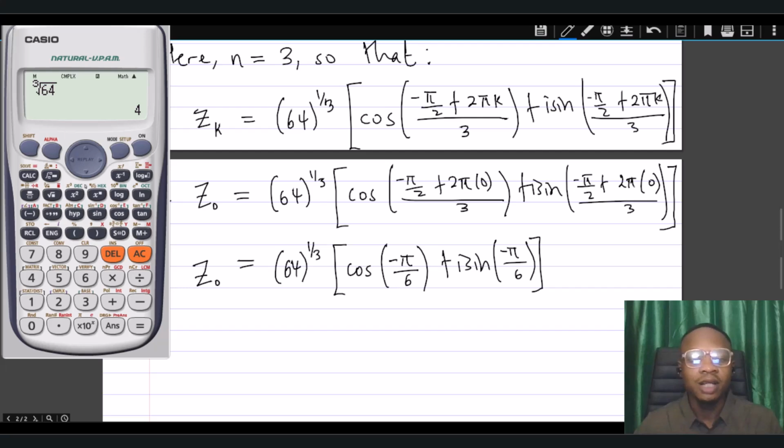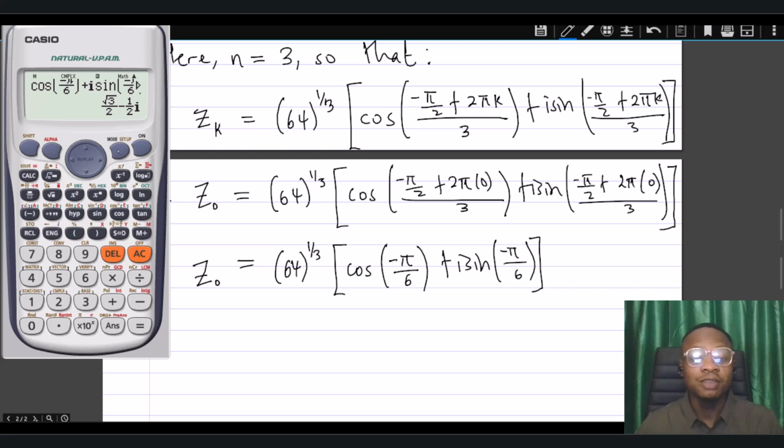And then the cosine of minus pi over 6, then plus I multiplying sine of minus pi over 6. So we have this here and then we have this here.